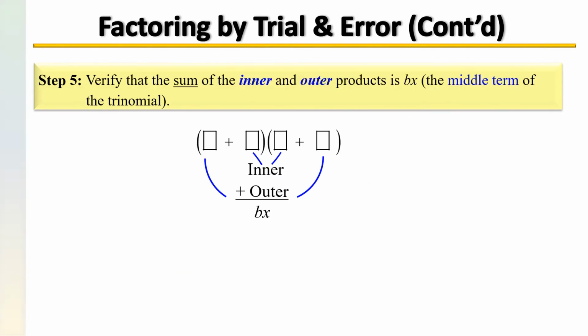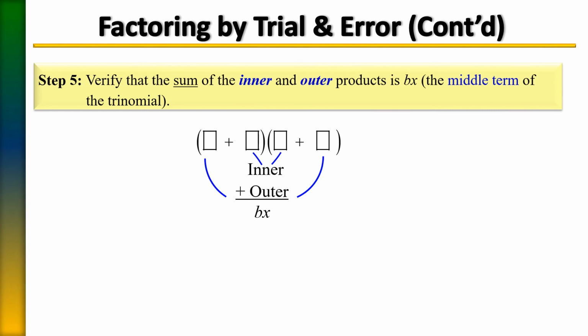Once you find the pair, here's how you can verify whether you have the correct pair or not. If you add your outer and your inner terms, and they happen to equal your middle term, then you know you have the correct pair.